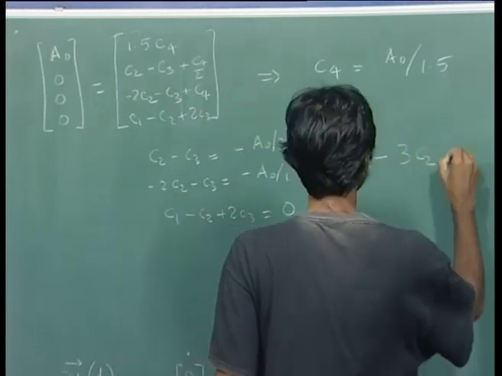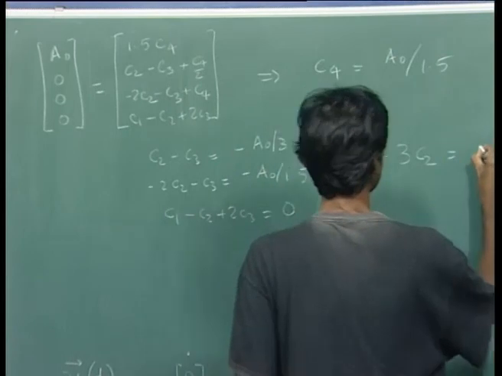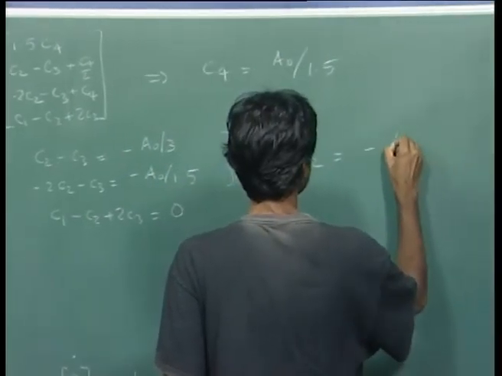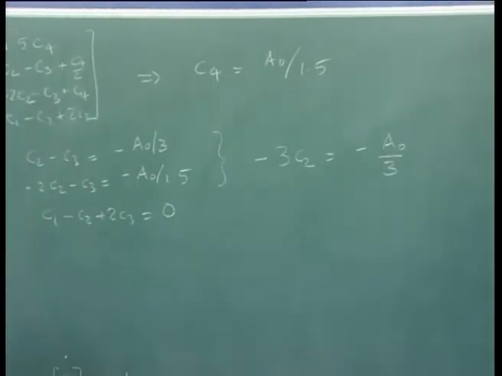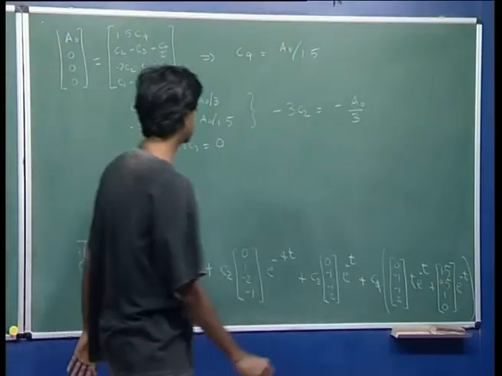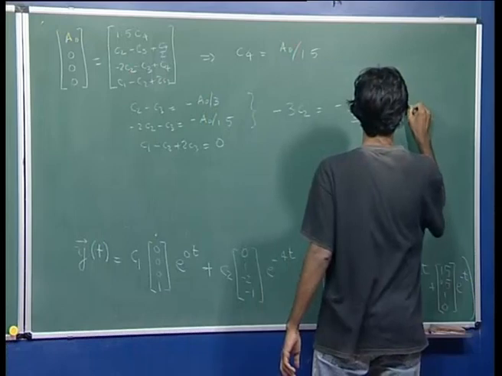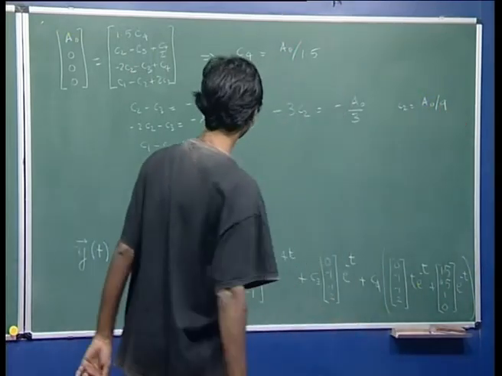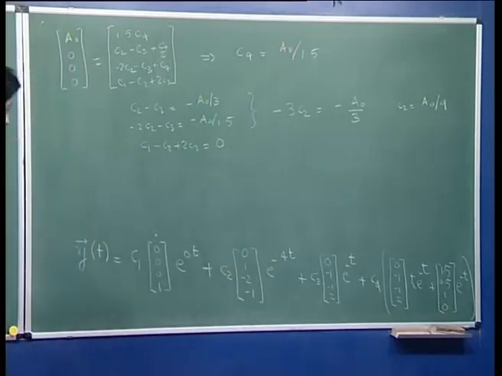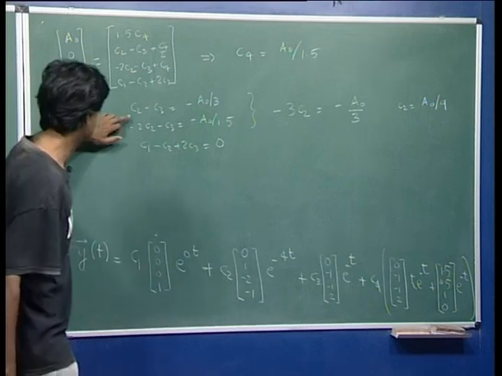So what you will get is 3 C2 is equal to minus A0 by 3. Or you get C2 equal to A0 by 9. So C2 equal to A0 by 9. Let us check again.